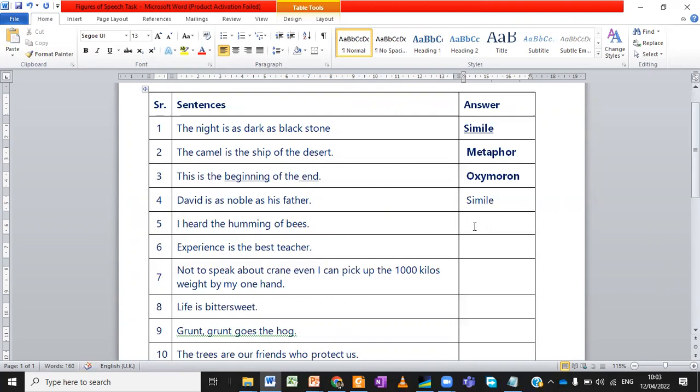5. Personification. No. No. Do not guess. Onomatopoeia. Fine, because of the sound humming. Okay.